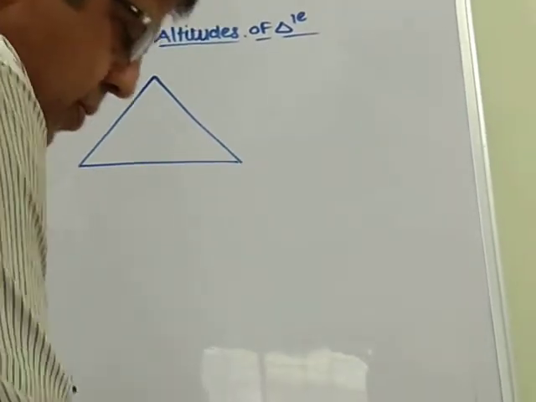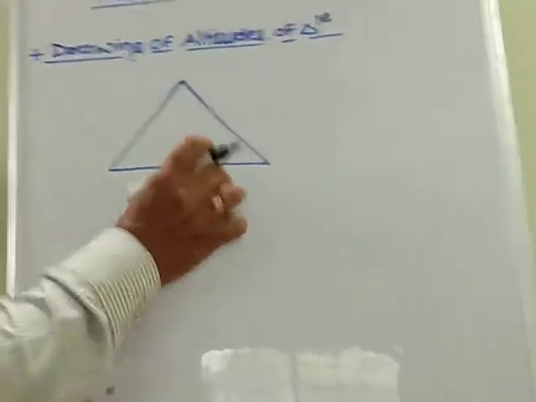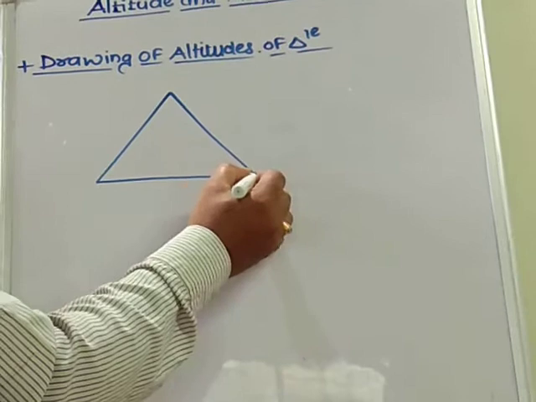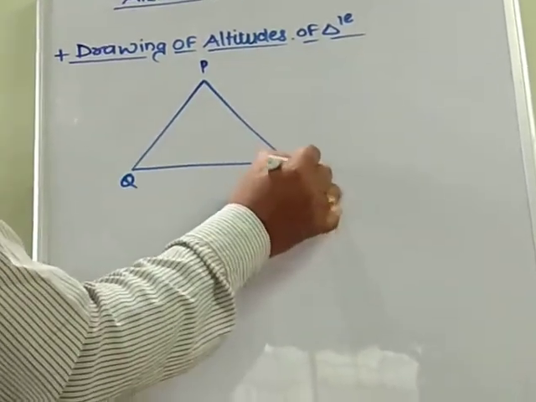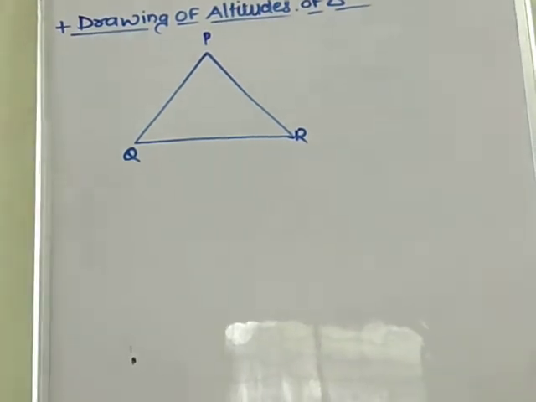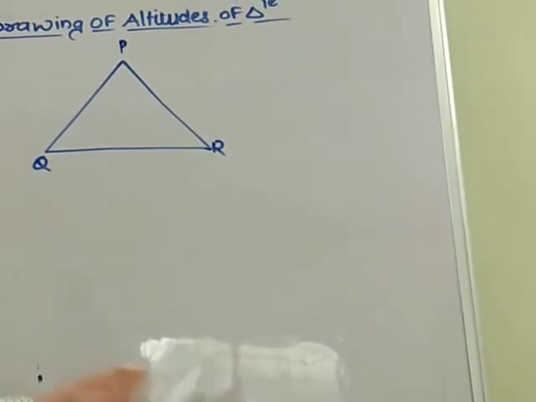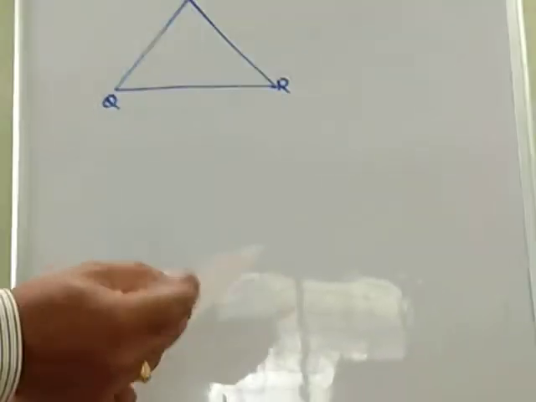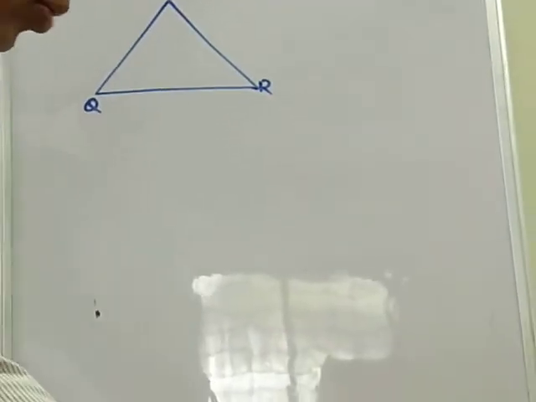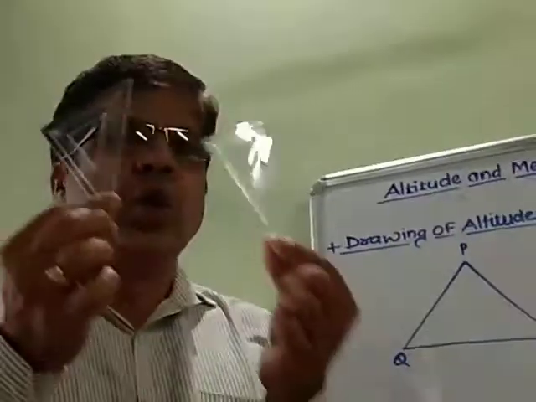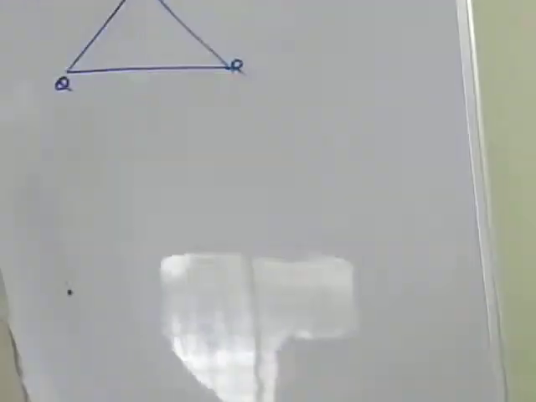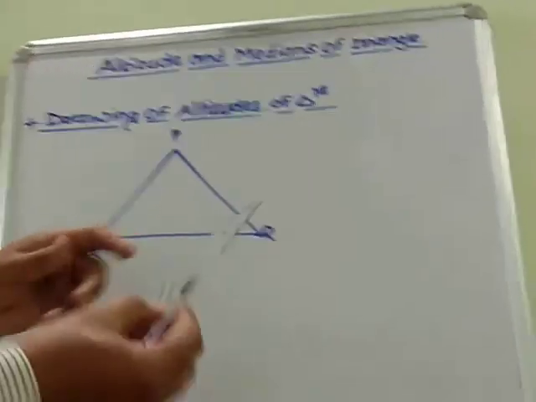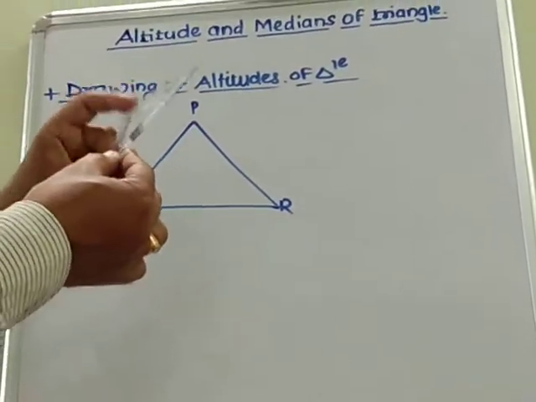This is P, this is Q, and this is R. Now take a compass box in which a protector and two set squares are there. Using these, you can draw a perpendicular to one of the sides.